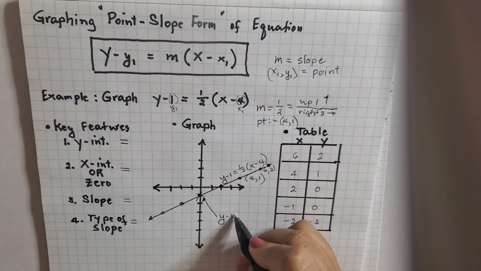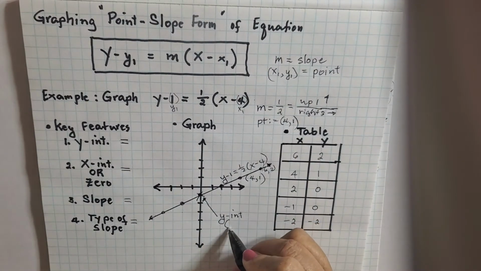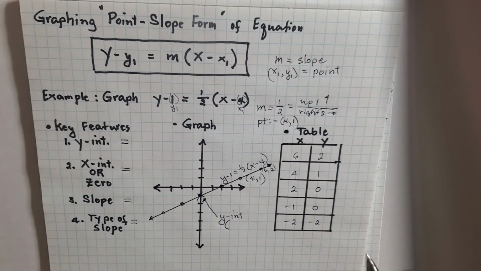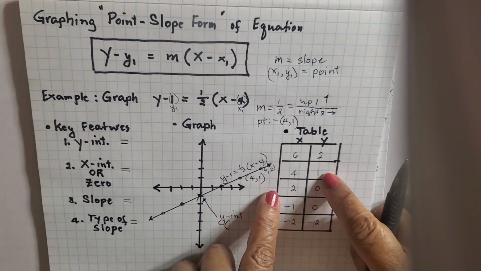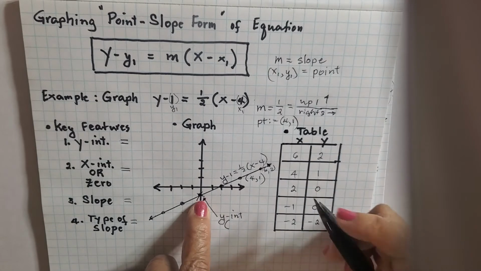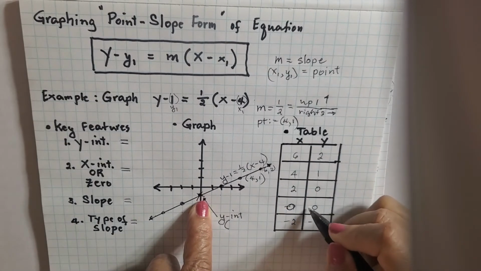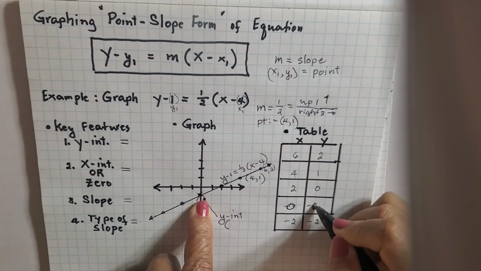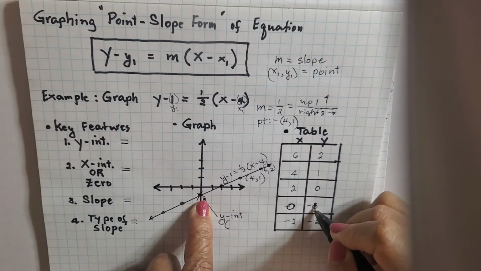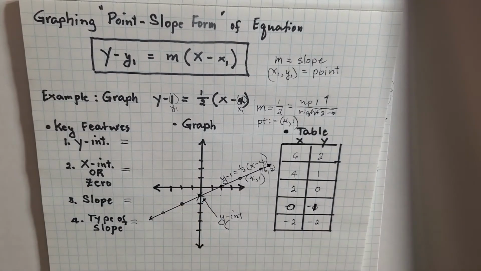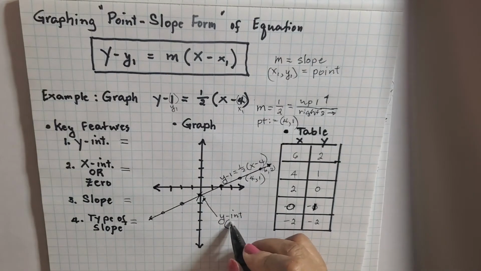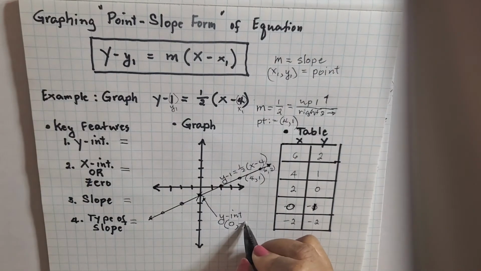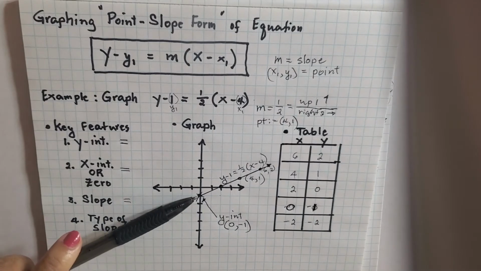This is the y-intercept, and the coordinate will be... I'm sorry, students. This should be 0, negative 1. Sorry for my mistake. So now the y-intercept is 0, negative 1.